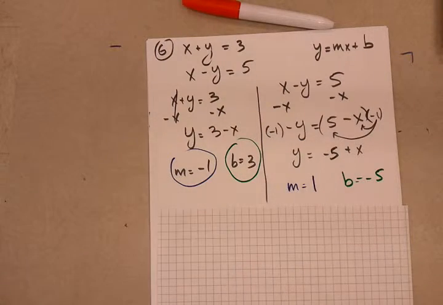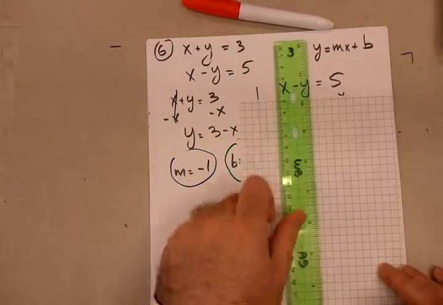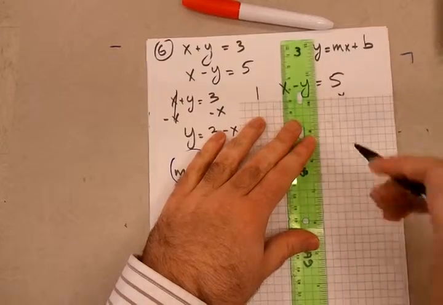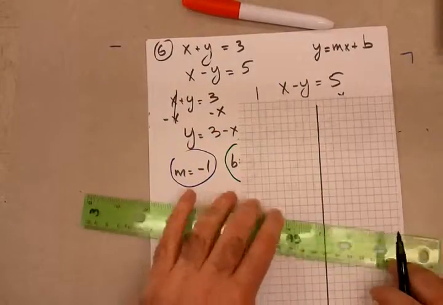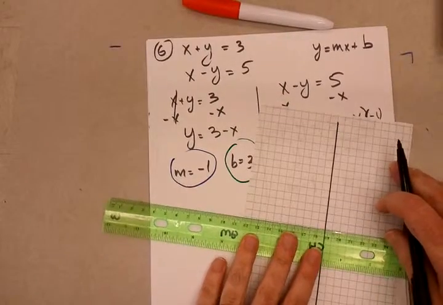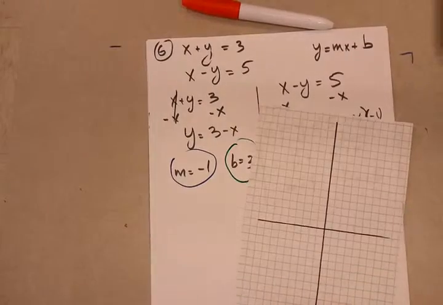Again, graph paper is just so useful, and so is a ruler for these graphing solutions. So let's go ahead and make a coordinate plane, and then let's graph.